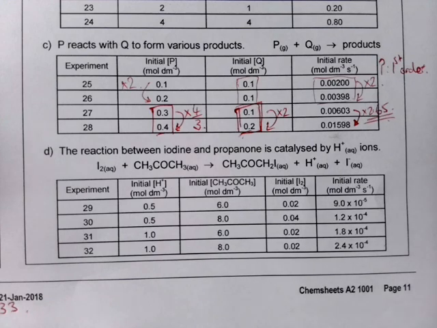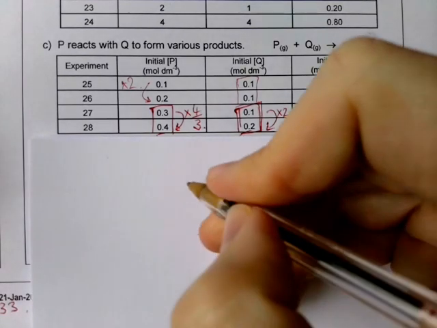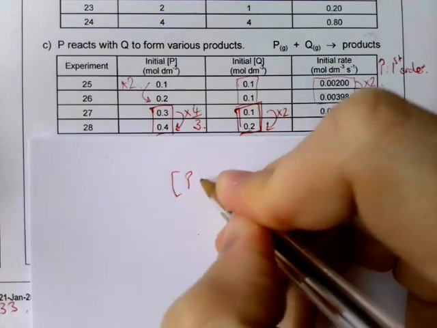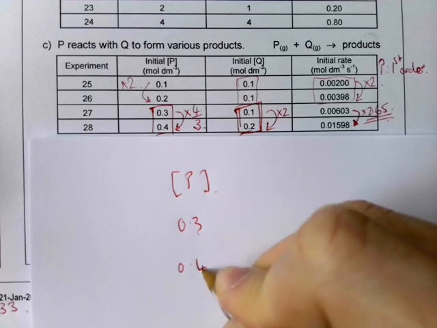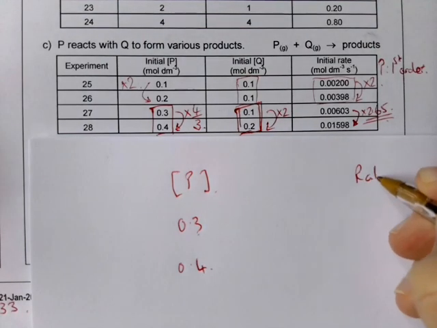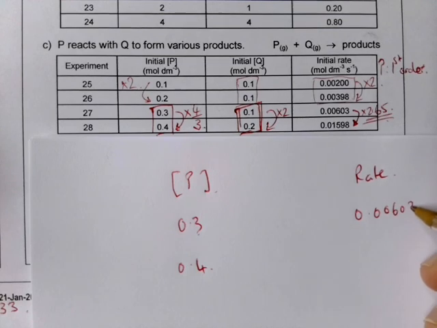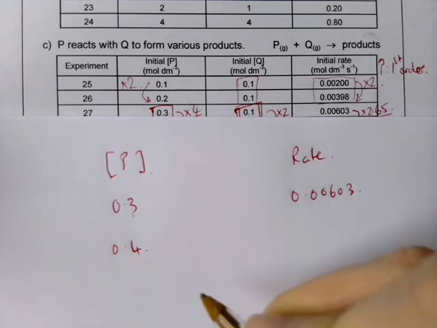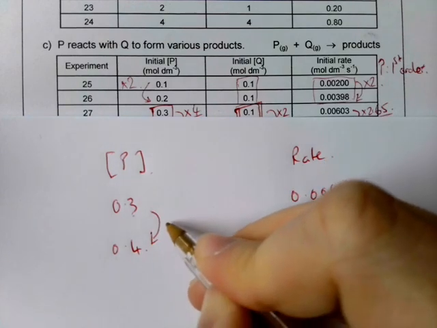So if we look at it like this, let's suppose that I have P is 0.3 to 0.4, and my rate is 0.00603. Now if P is first order, what change would I expect to see?